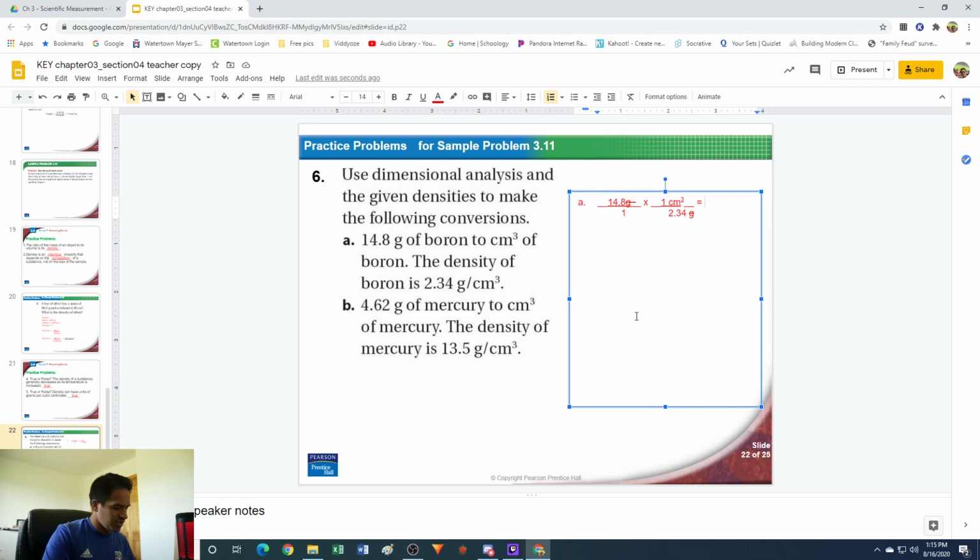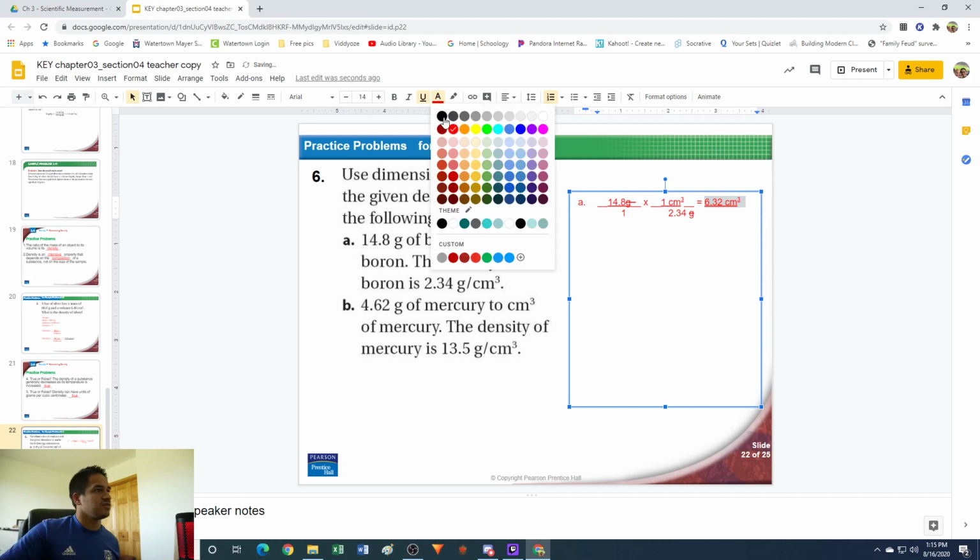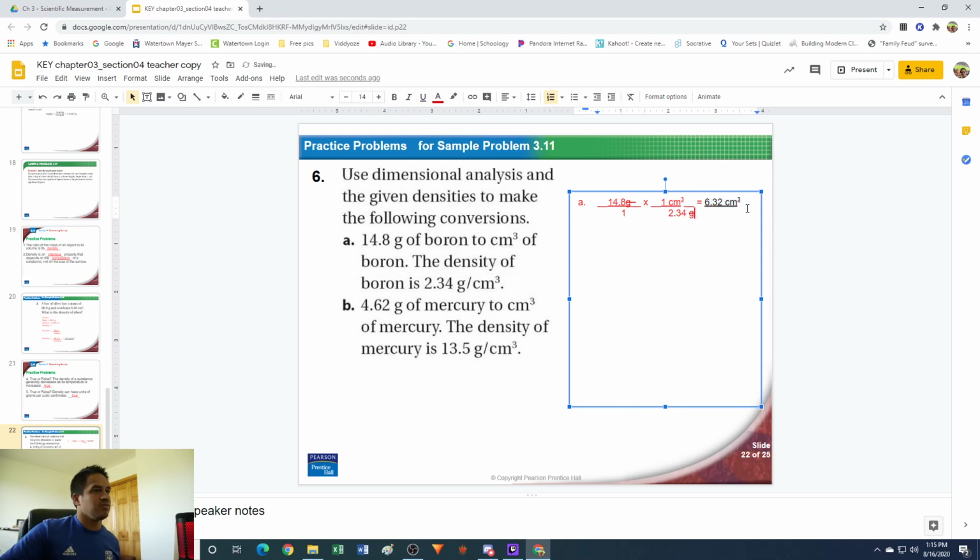So this should be 6.32 cubic centimeters, because this is a volume, and the units we have here are cubic centimeters. So this is our final answer.